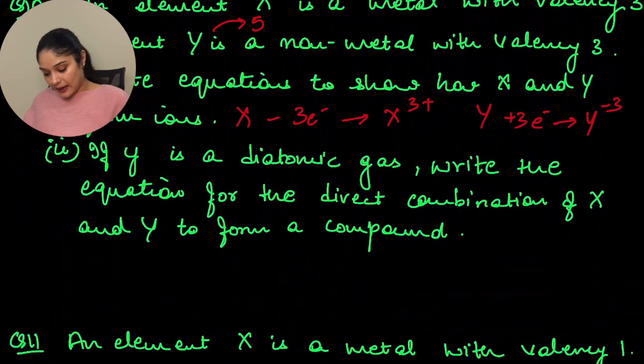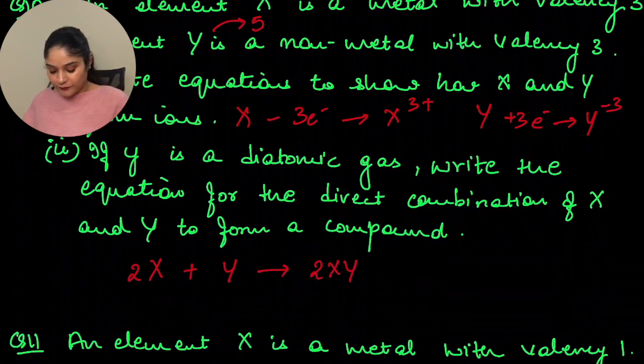So if that happens, you'll have X and Y giving you 2XY. So you'll have two atoms of X combining with a single atom of Y, giving you, sorry, this would be Y2 because you'll have a diatomic gas. So Y is a diatomic gas, so you'll have Y2 and then you'll have this equation.